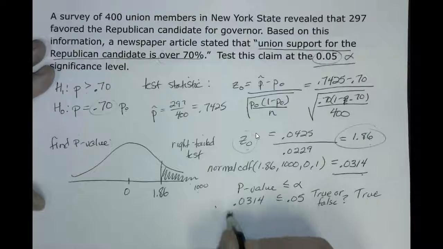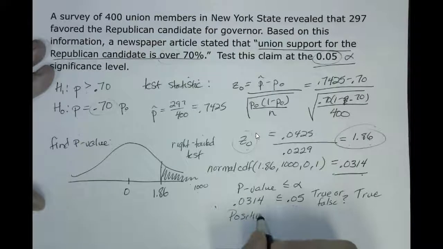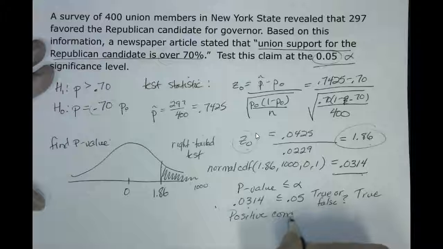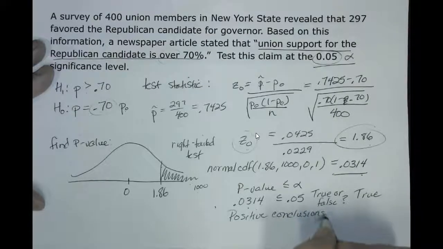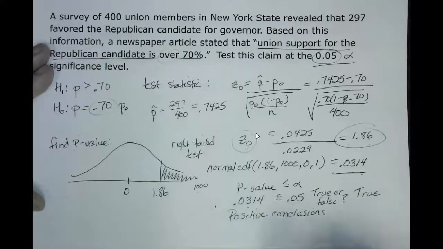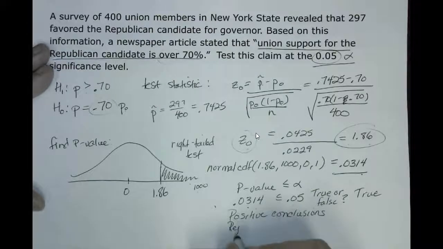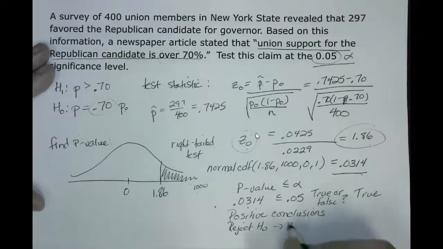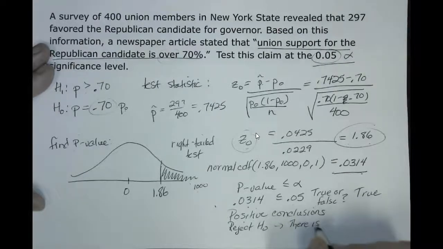What that means is that we have positive conclusions for our test. So we would want to say that we do reject the null hypothesis, and we'd say there is sufficient evidence to support our claim.